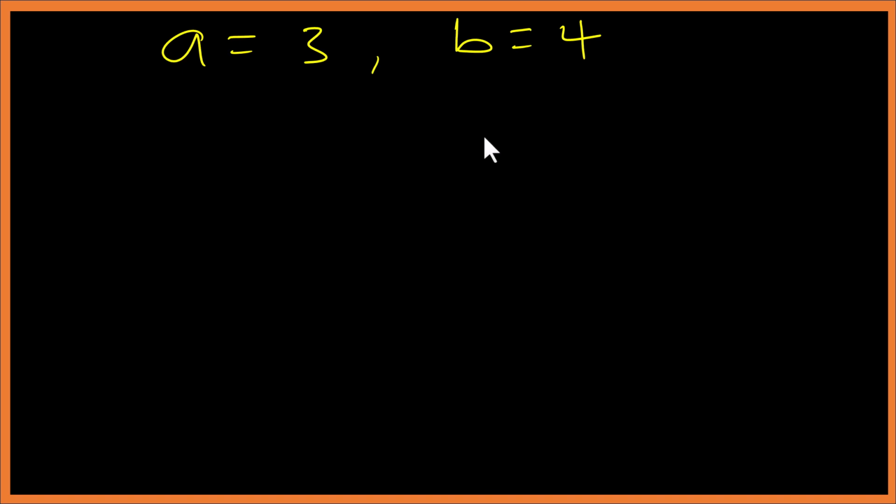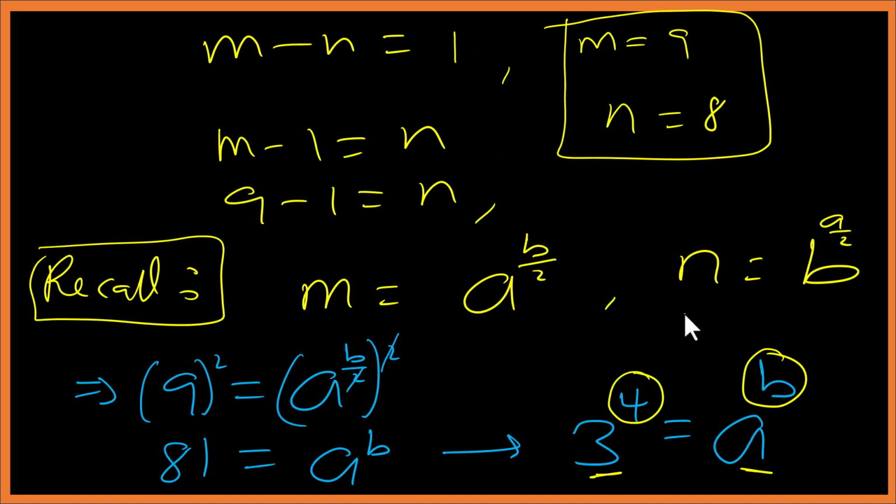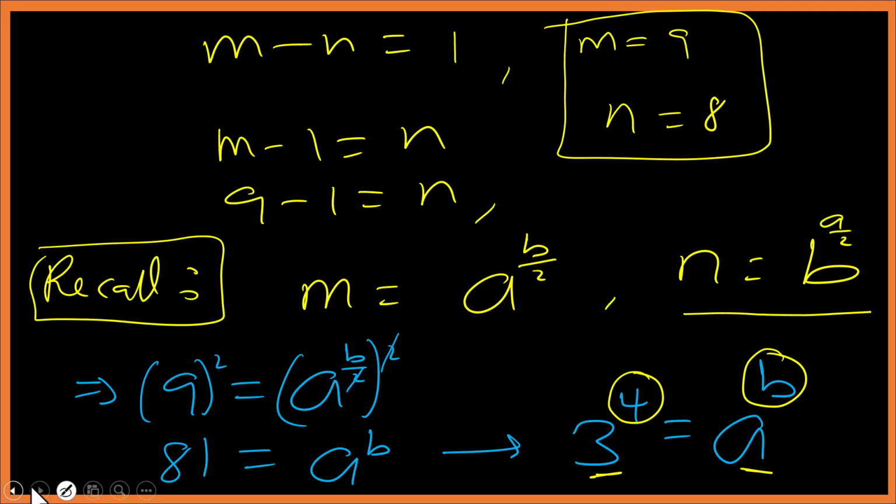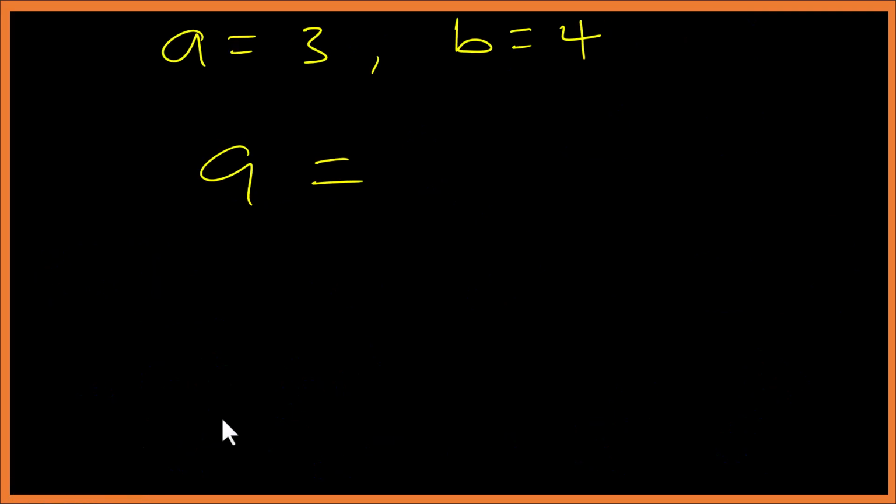As simple as that. Let's look at n, that is 8. So we have 8 equals b raised to a on 2. Let's do the same and square both sides.